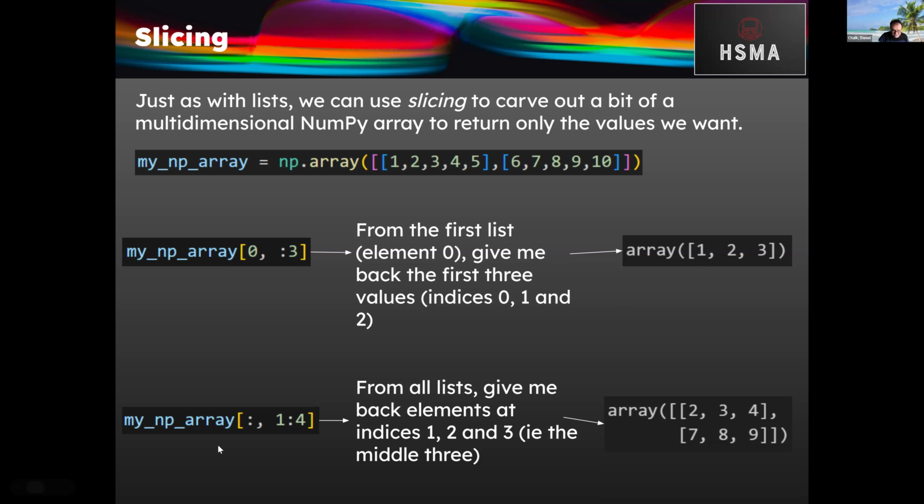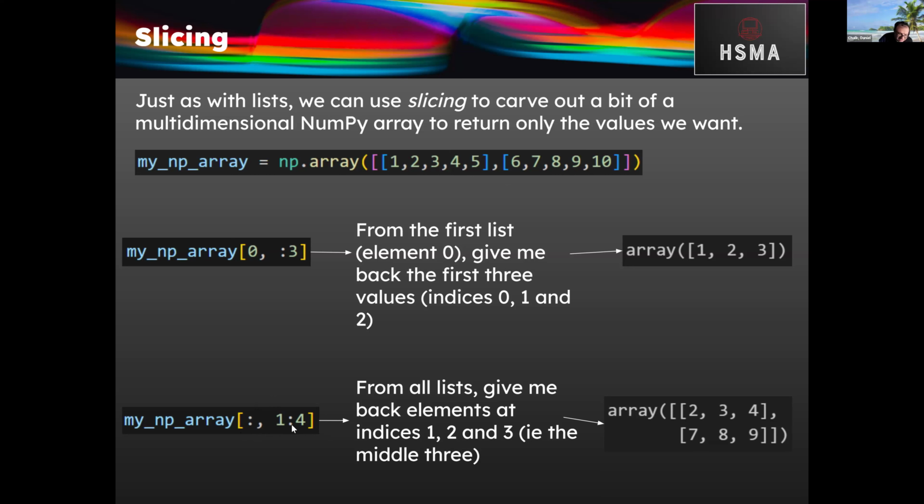And then similarly, this slicing example here, we can use a completely empty colon. I think we looked at this last week for lists, I can't remember now. But a completely empty colon means, no, I don't think we did actually. This means give me from all lists, so in the outermost dimension, from both of these lists, give me back the elements from 1 up to, but not including index 4.